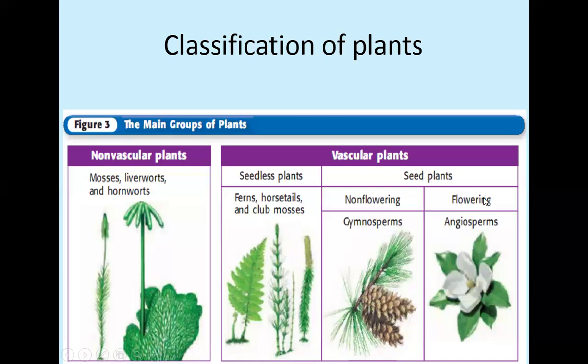And then the fourth type of plants are the flowering plants, also called angiosperms. These are the plants which contain flowers, and flowers turn into a fruit. So all these plants which produce flowers or fruits are examples of flowering plants or angiosperms.